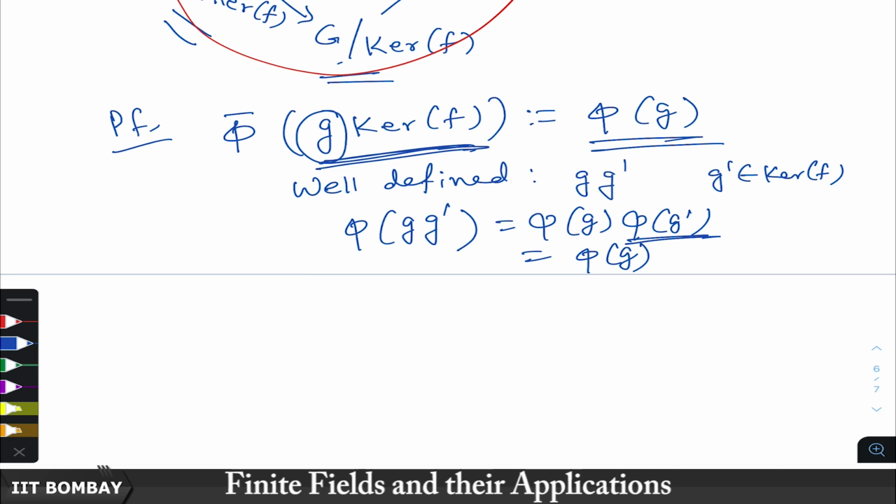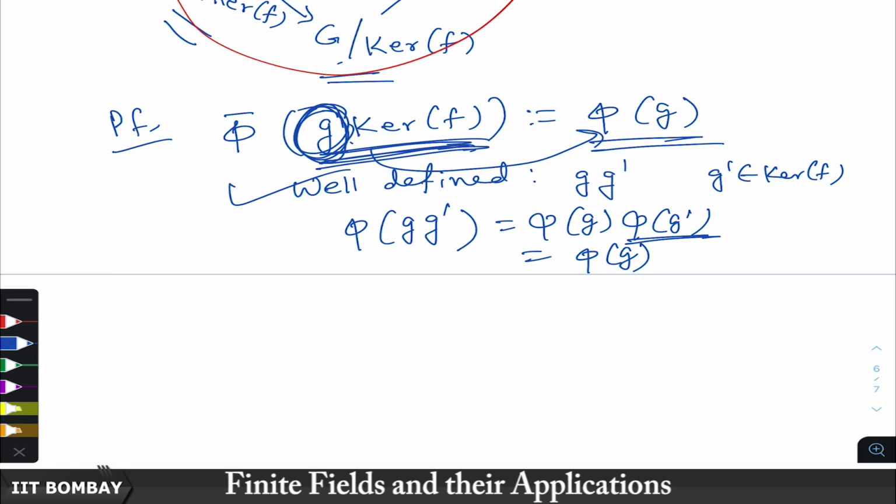As a result, it does not matter which coset representative you have taken from this coset, it gives you the same image for phi bar. So, this is well defined. Now, it is a group homomorphism.